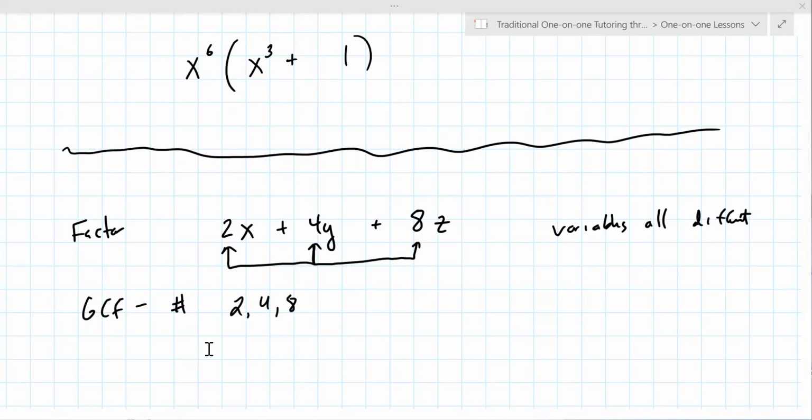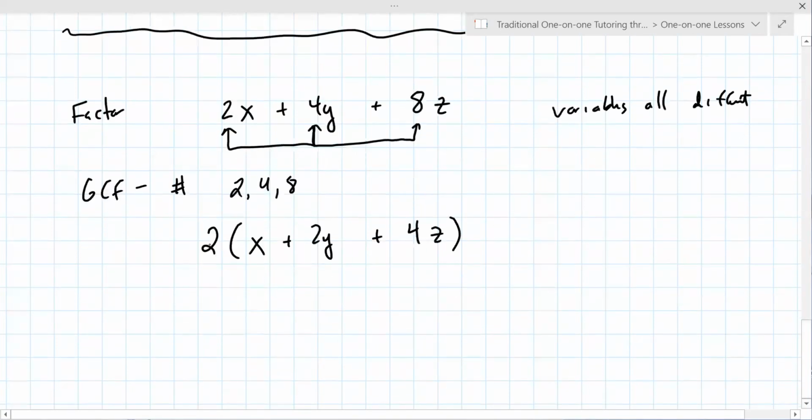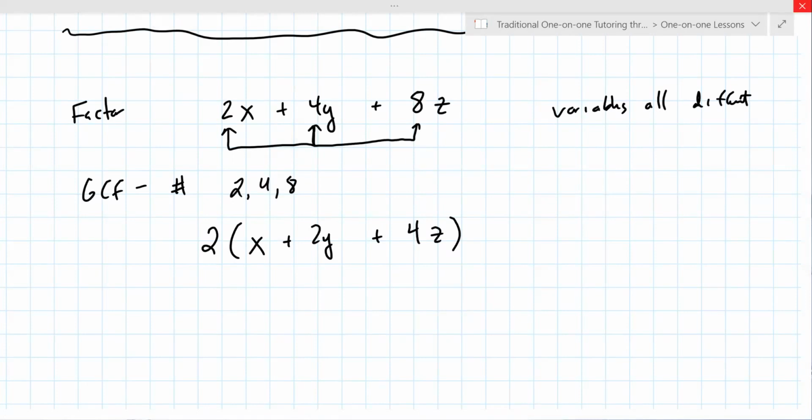So we're going to write a 2 on the outside, and this becomes x plus 2y plus 4z, because if I were to multiply the 2 into each of these, I would get back to the original. You see that? Yeah. Okay, so let's try another one here.